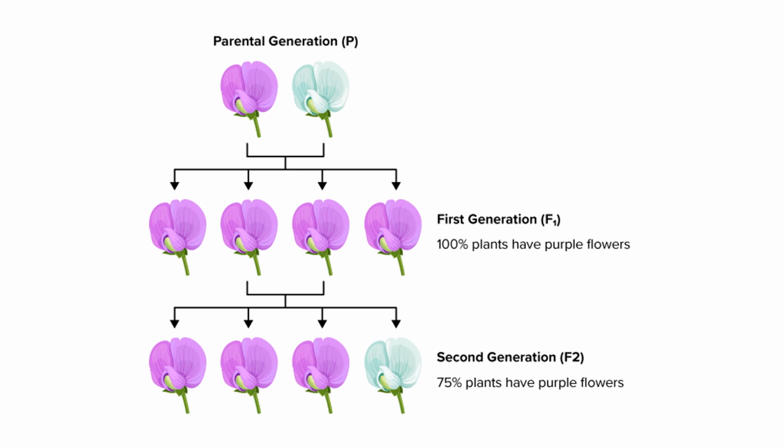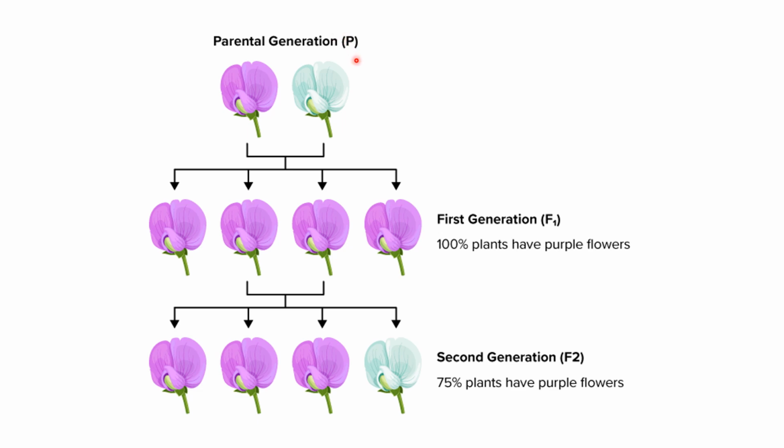Before we begin, I just want to introduce you to some new terms. When we look at different generations of organisms, whether that be animals or plants, right up the top we usually have the parental generation, which sometimes is indicated with a P. Then the first offspring is the first generation, often called F1, and if we breed that generation, it produces a second generation, often called F2.